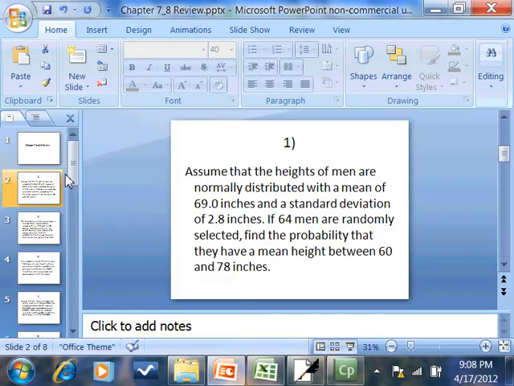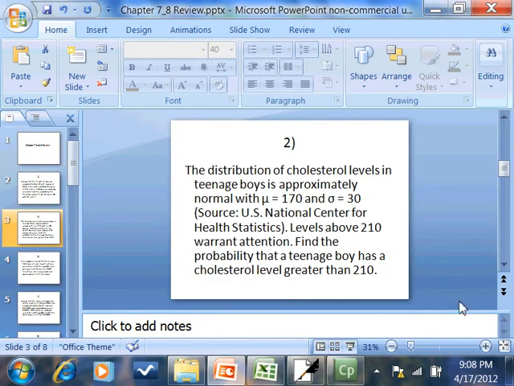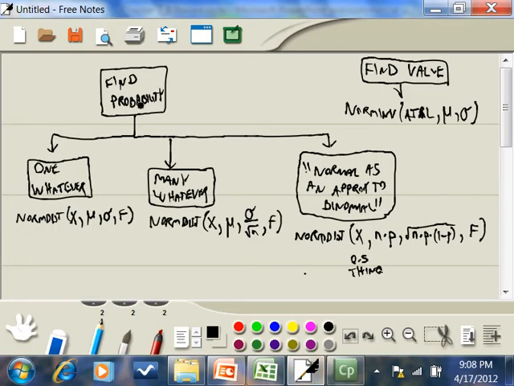Let's look at our second one. The distribution of cholesterol levels in teenage boys is approximately normal with mean of this and standard deviation of this. Levels above 210 warrant attention. Find the probability that a teenage boy has a cholesterol level greater than 210. We're finding a probability, and it doesn't say normal is an approximation of binomial.